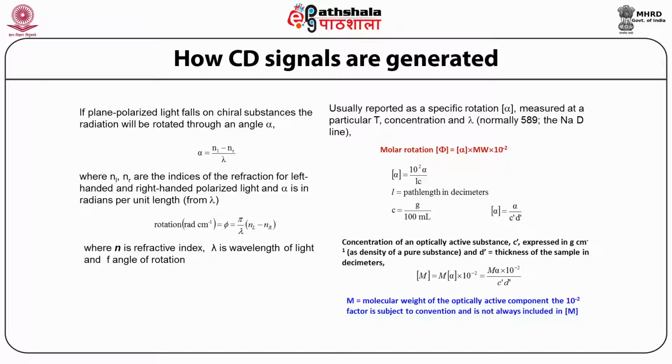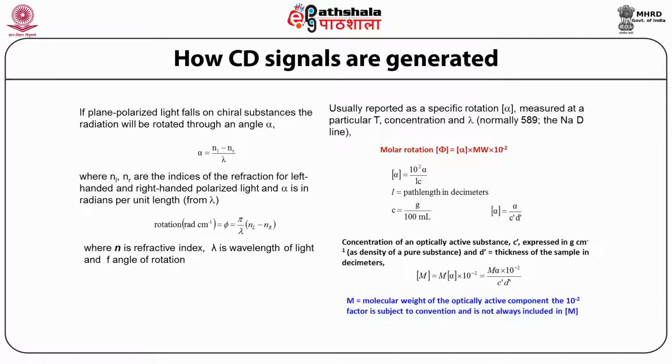It is usually reported as a specific rotation alpha measured at a particular temperature and concentration. So the molar rotation phi equals alpha times MW times 10 to the power minus 2, or alpha equals 10 to the power 2 times alpha divided by LC, where L is the path length in centimeter and C is in gram per 100 ml.